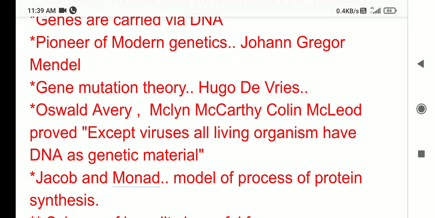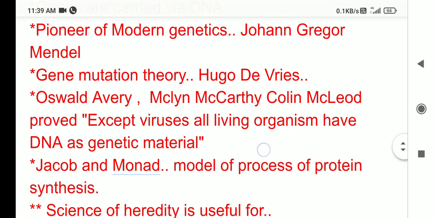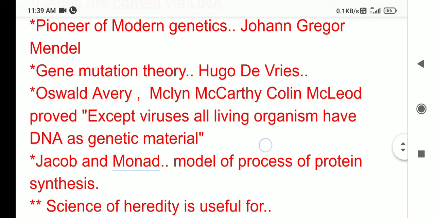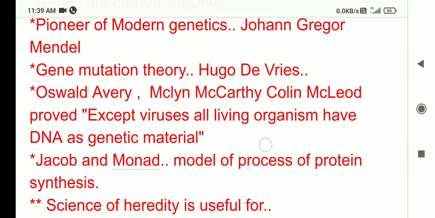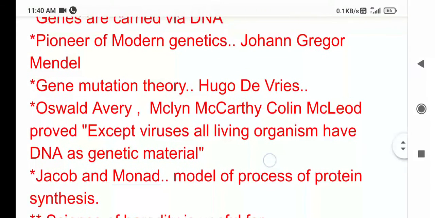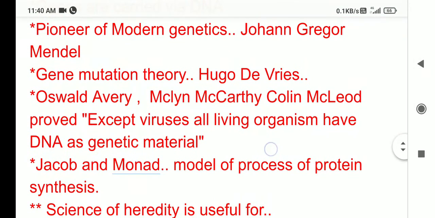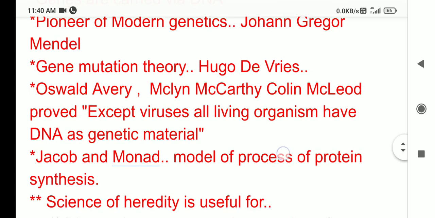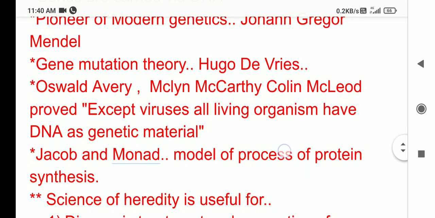Johann Gregor Mendel gave the laws of heredity. He carried out many experiments on pea plant and gave the laws of heredity: how characters or traits are carried from parent to their offspring, from parent to their progeny.